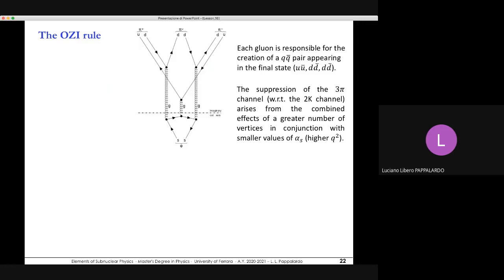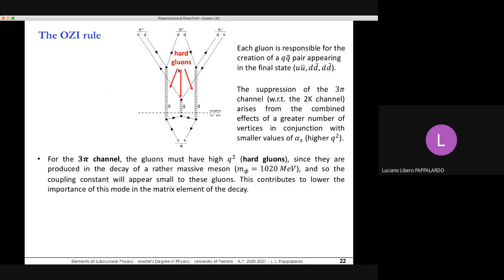Of course, you are exchanging 3 gluons, so you have several more vertices in this diagram than in the other. But this is in conjunction with a smaller value of alpha s, because, as we'll see in a moment, this happens at high Q squared, so at a smaller value of alpha strong.